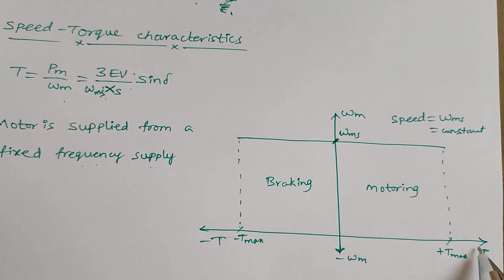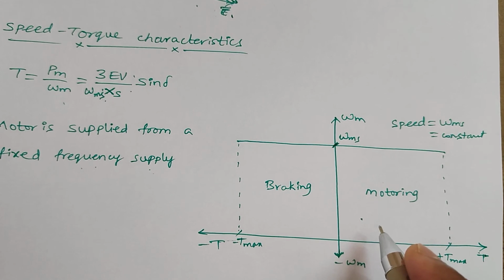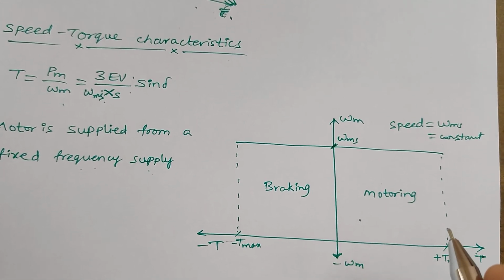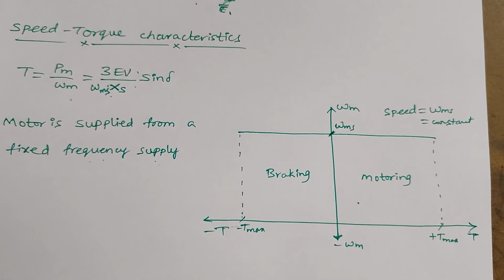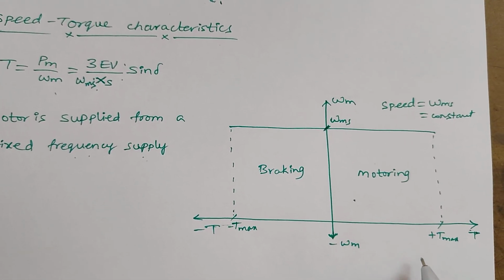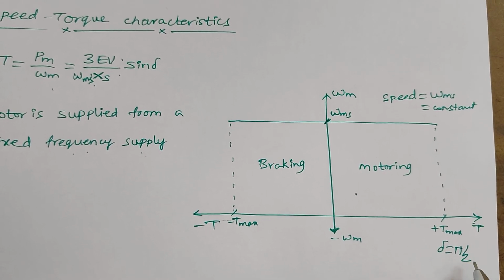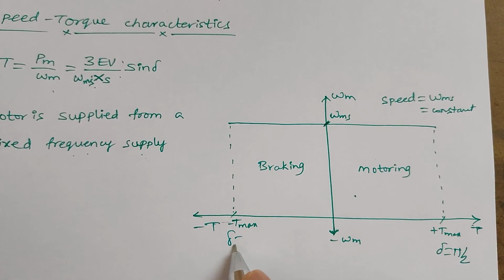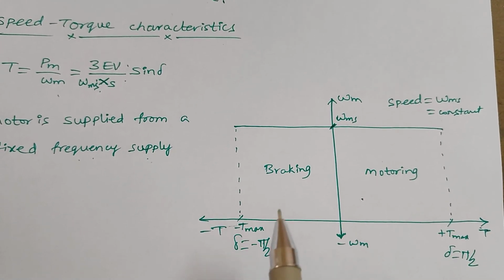Speed versus torque characteristics. In the first quadrant, positive torque is obtained for positive delta angle, right? So we get the maximum torque at delta equals plus pi by 2, and at delta equals minus pi by 2 we get the maximum negative torque.